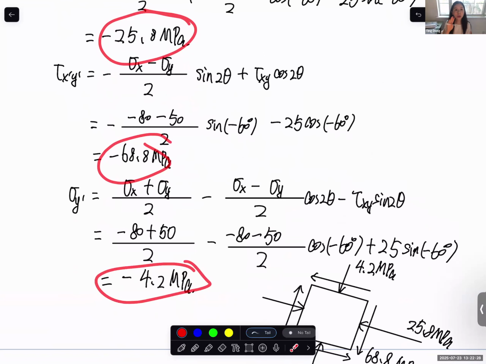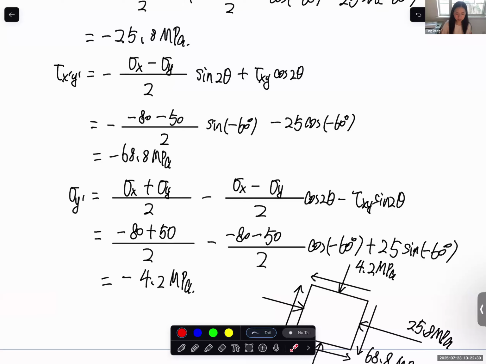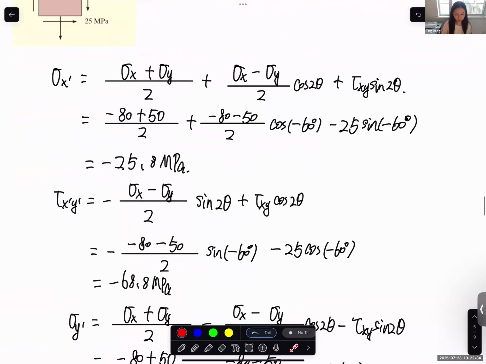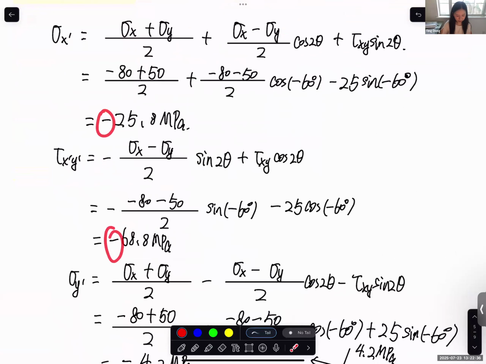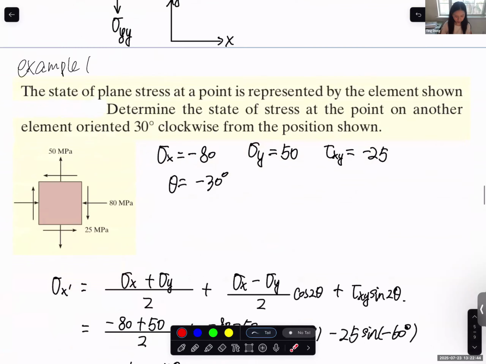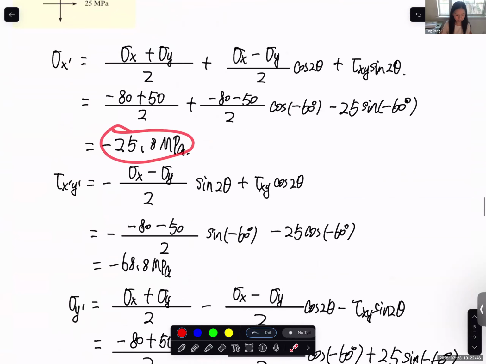So basically, when you have the correct signs in your final calculation, the positive and negative signs already represent very clearly what they mean based on our sign convention. So you don't need to explain, okay, this negative sign is compressive.